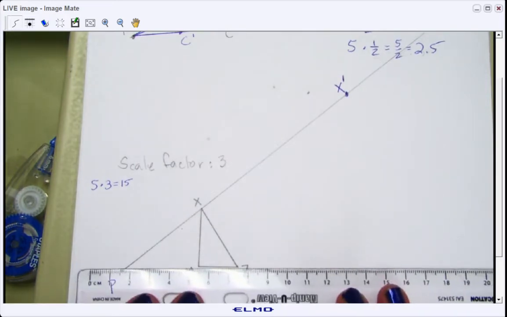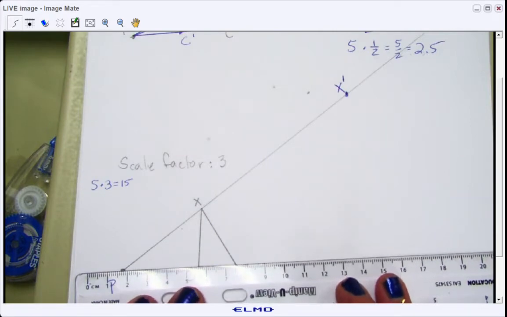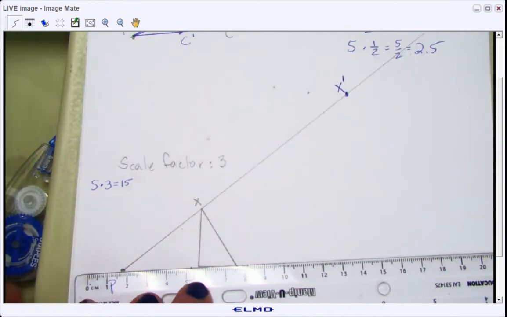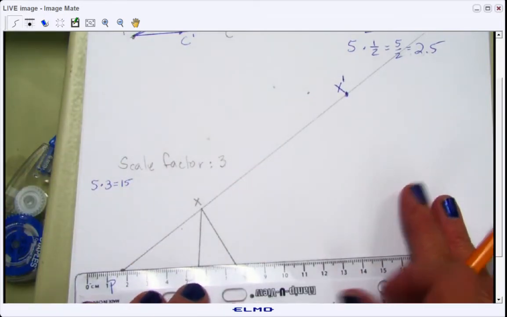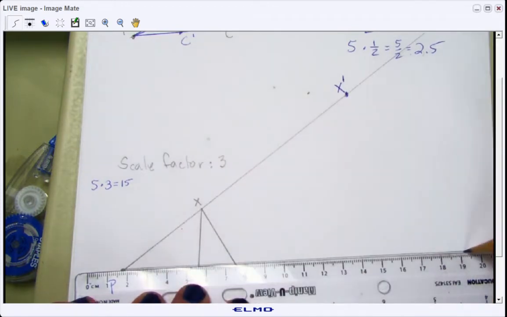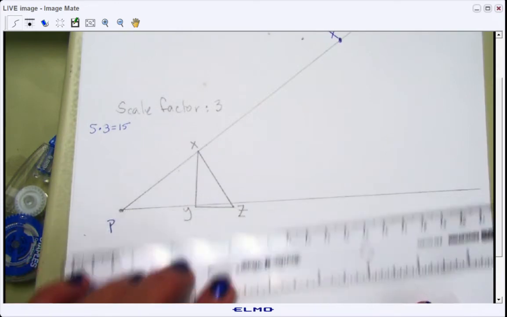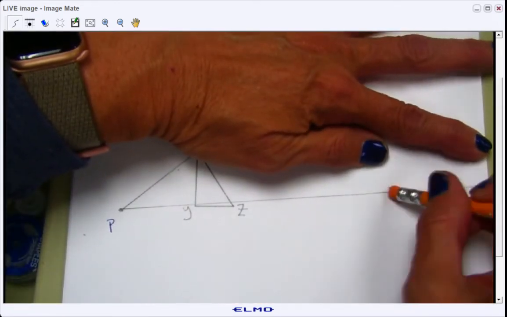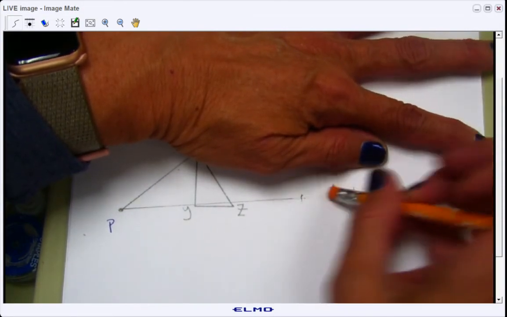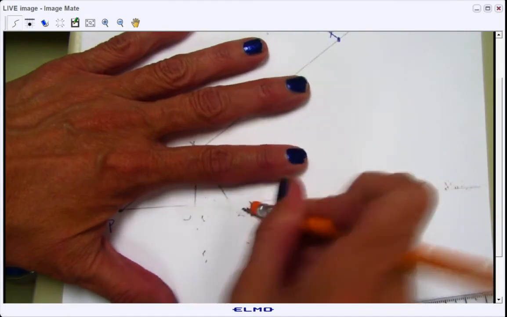Oh, and then look at this. Oh, that's not good. I did not realize that I did that. Look at this. I'm almost right across from it, but I'm still going to make it long. This is why you use a pencil. In fact, you know what I'm going to do? Let me do this real quick.